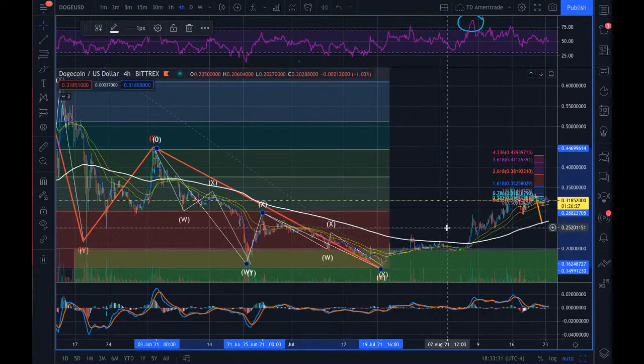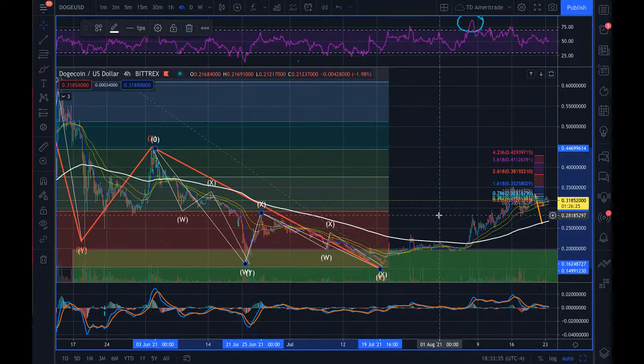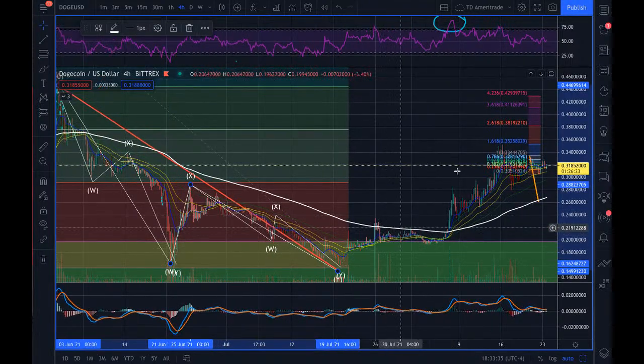So what happened so far is that we made it past that target, came back down and tested it, and then it bounced back up.